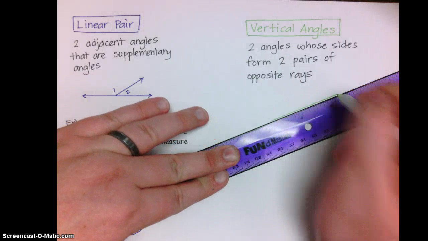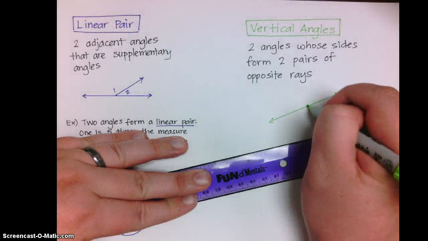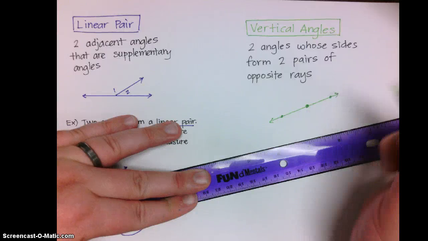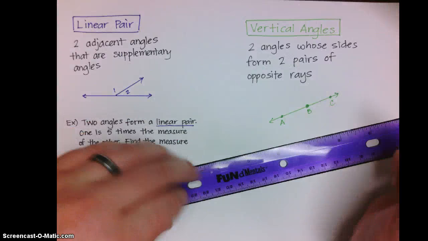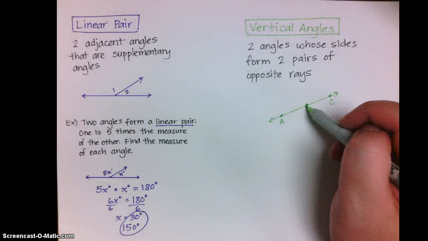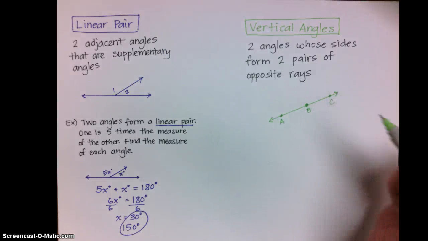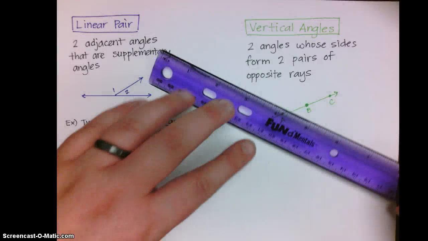Let's say I have this line, okay, and maybe I have some points on this line, and I'm going to label them A, B, and C. Well, we learned already that ray BA and ray BC are opposite rays. They form a straight, complete line, but they're going in opposite directions.